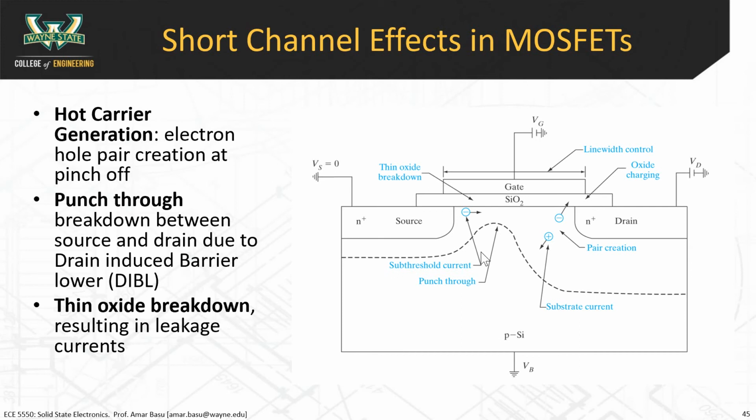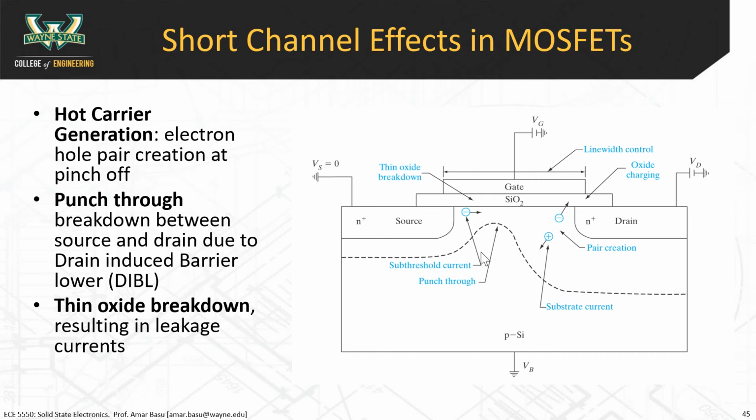That pinch-off region has a high electric field. When you make the transistor smaller, as I mentioned, the electric fields get even stronger. As you're scaling down, your electric fields are becoming larger and larger.